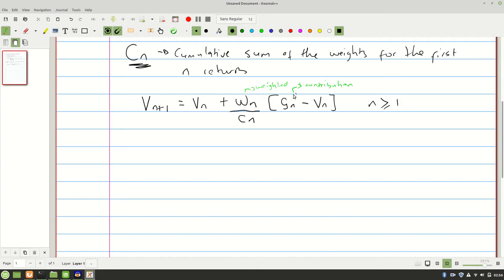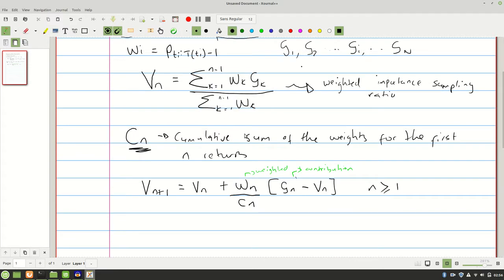There's no literature for this. But the point is that given a new Gn, we add to Vn this difference that we're calling the contribution, and the current Wn, divided by the cumulative sum of the weights that we have seen so far. This helps us weigh the importance of this new return when we are adding it to Vn.